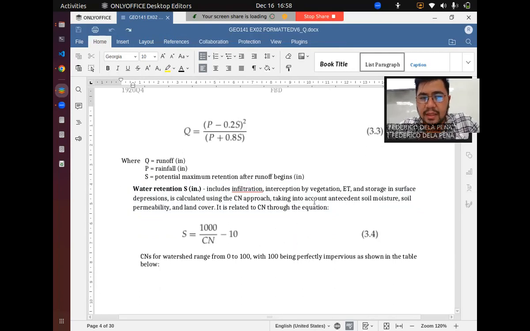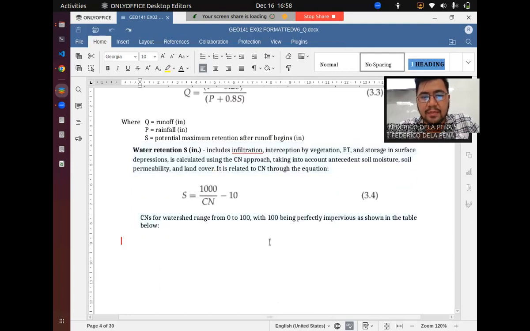You can calculate this value by using the curve number. You can see in this relationship that water retention in inches is inversely proportional to your curve number. Basically, the higher the curve number, whose maximum value is around 100, the less infiltration you get.